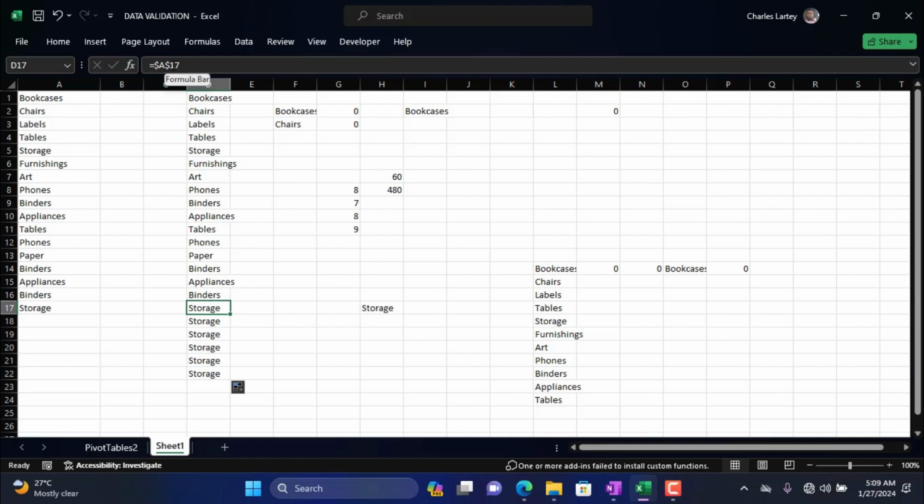Now if you want to make it absolute to only the column, this is how it is. The dollar will only block the column and leave the row. It means that when I copy this, you see it's the row that is not blocked. So if I move across the rows, it will change.